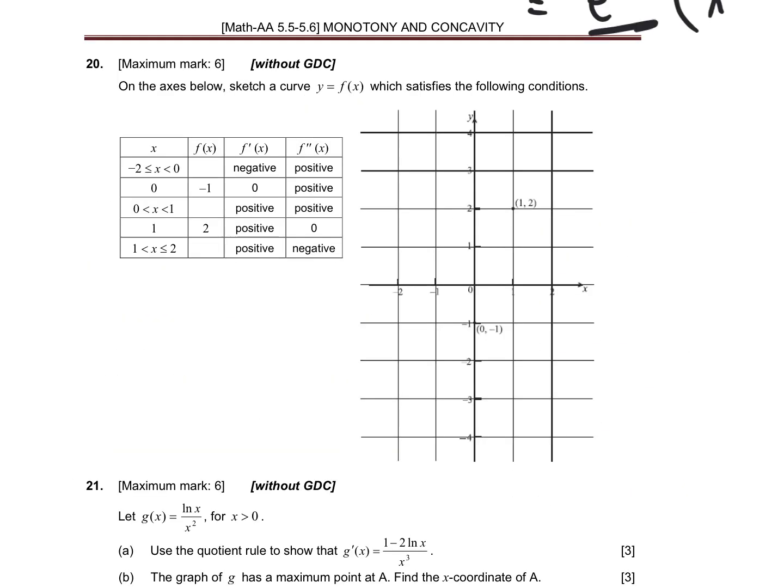All right, on the axes below, sketch a curve y equals f of x that satisfies the following conditions. Okay, so from -2 to 0, the derivative is negative. So we can do like down, because it's concave up and it goes down. Okay, so now we have at x is 0, so we need to go just like down to here.